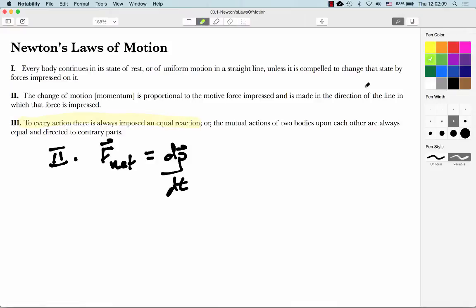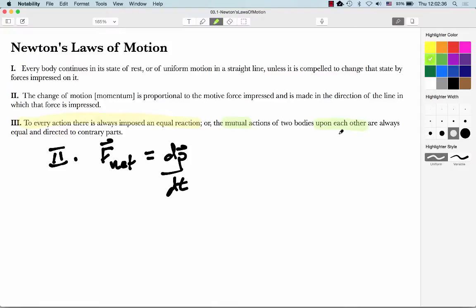So the key bits here are mutual and upon each other. So instead he's saying that when two bodies interact and they exert forces on each other, they exert those forces simultaneously.